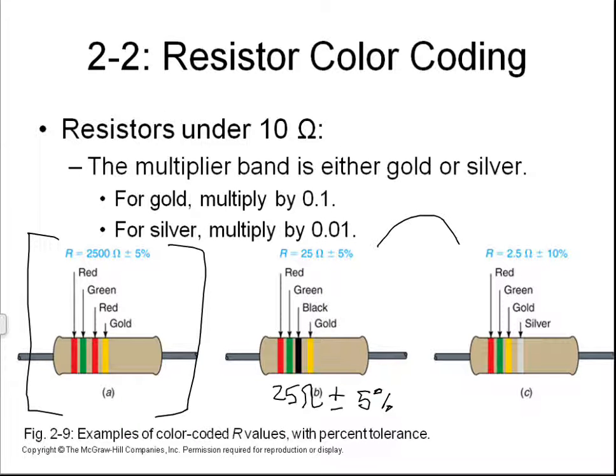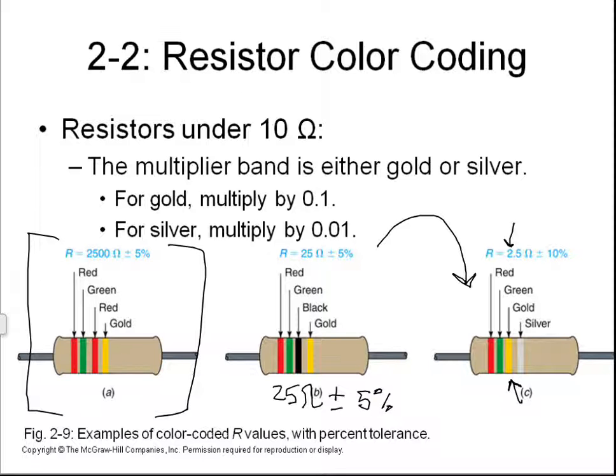Coming over to this one now, if we are going less than 10 ohms, then we have to have a way of saying so. Moving the gold stripe up into the third position makes it a modifier.